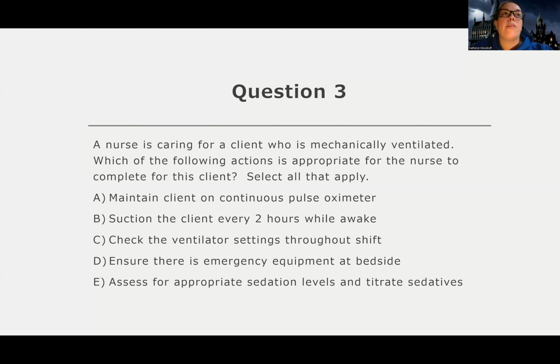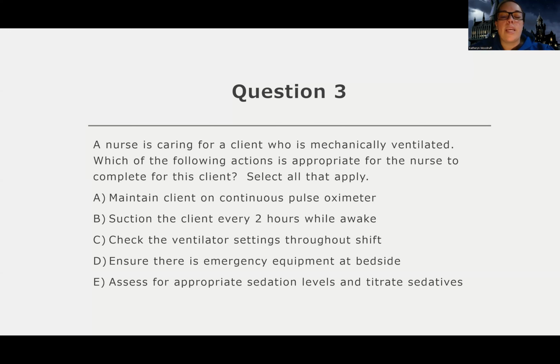You could be asked questions about weaning someone off the ventilator and what process is involved with that. So that's just a few things, but most of it is around the daily nursing care, preventing complications, and managing that patient. Just day-to-day management, how we address emergencies, and how things are going.